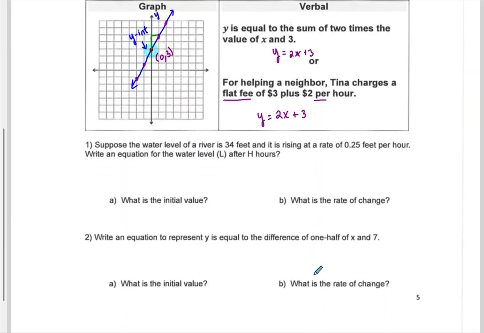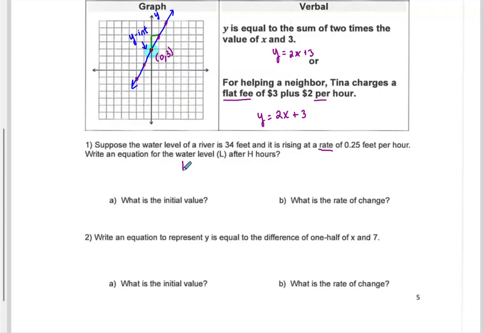All right, so let's go ahead and do some practice. It says here, suppose the water level of a river is 34 feet and it is rising at a rate, okay, rate is my slope, of 0.25 per hour. What is the equation of the water level L after h hours?